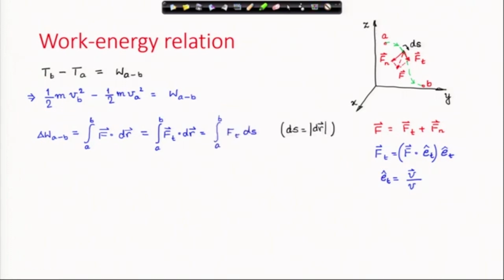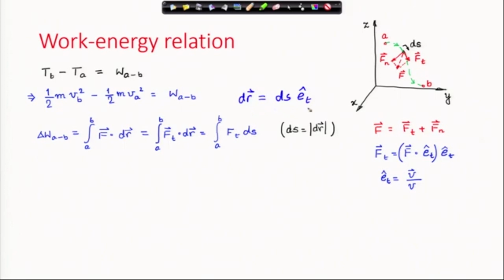Now, this dr vector can be written as the magnitude of shift times Et vector, because dr is tangent to the path. Therefore, it must be proportional to Et cap vector and the length of path is ds.